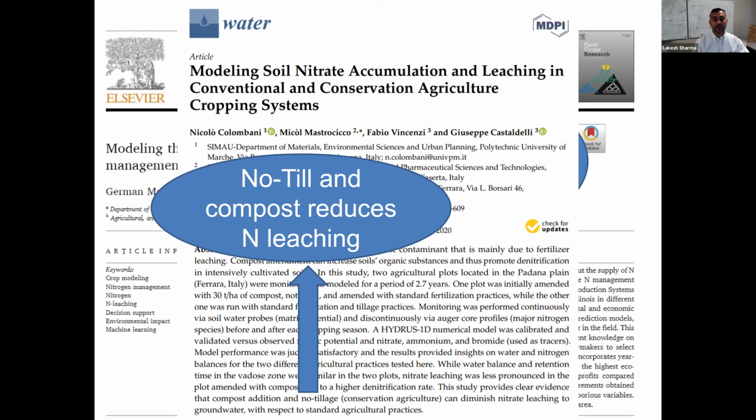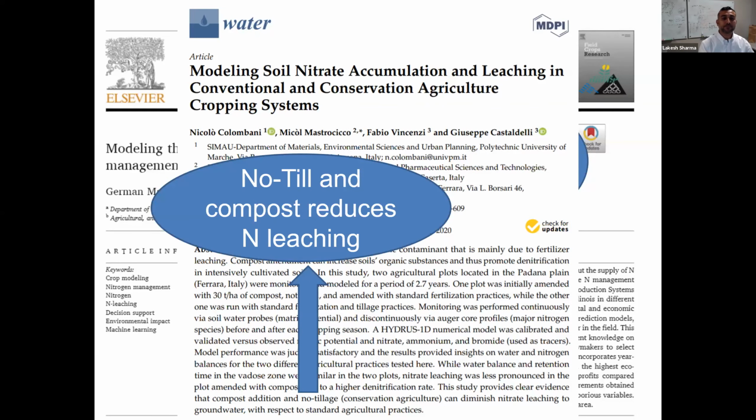There are instances where the research has shown a significant reduction in nitrate leaching when these two are used in combination or individually. So there are some ways that farmers can reduce their nitrate leaching and improve their yield or maintain the yield they have.